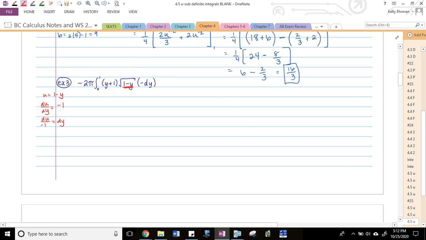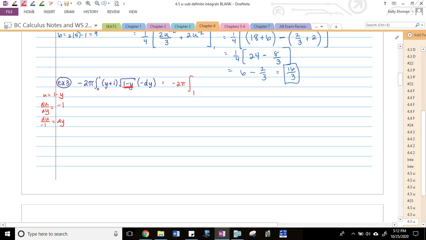That doesn't help me with the y plus 1, but remember, when the variable's out here and it's just a nice y, it's not a y squared or anything kind of crazy, it's pretty easy to sub back in and say, well, what is y plus 1? So when you're doing your substitution, you've got negative 2 pi, the integral from, all right, let's see. If we put in 0 for y, we get 1.